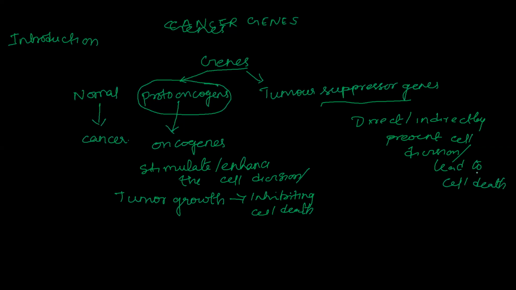So in one way we can say the oncogenes will mostly help in the cell division, whereas the tumor suppressor gene actually controls the cell death, that is apoptosis.